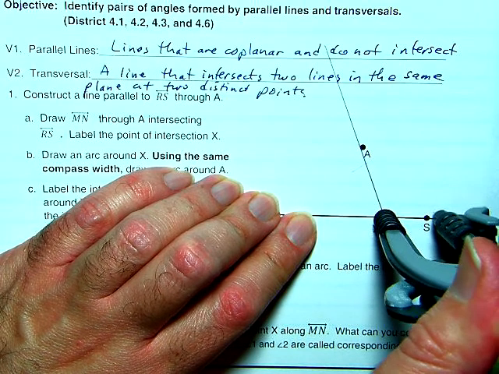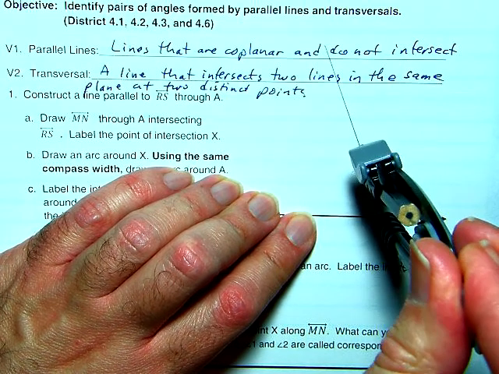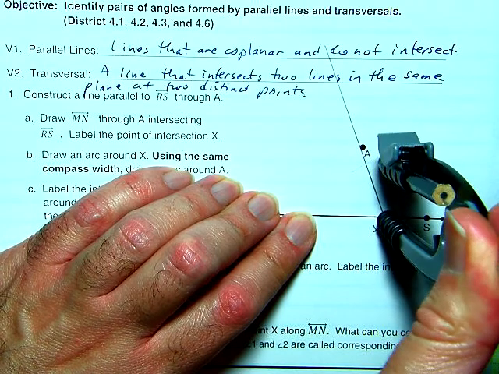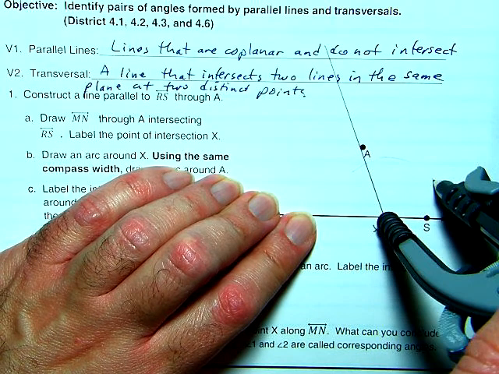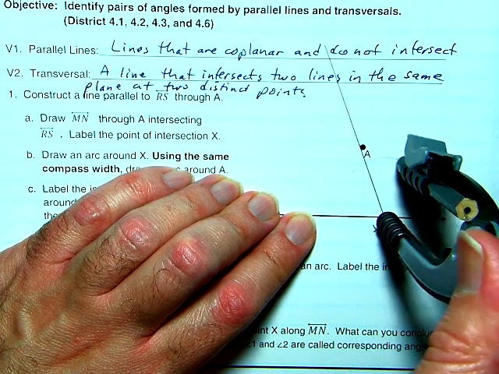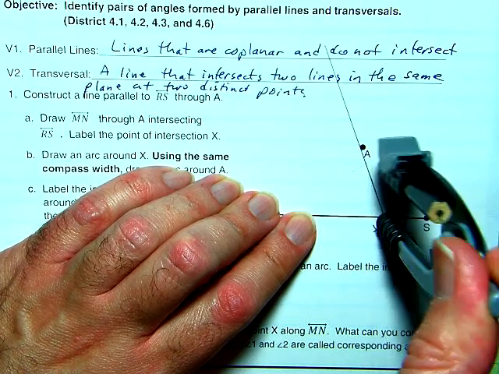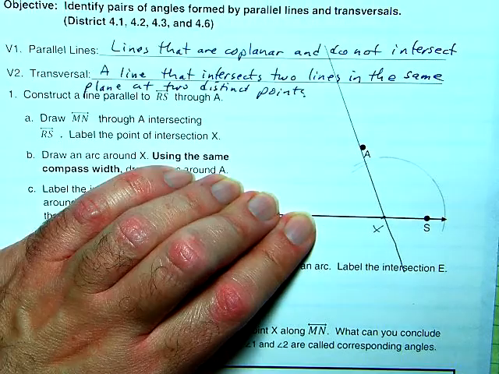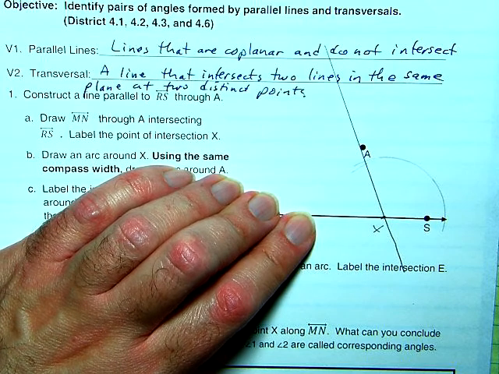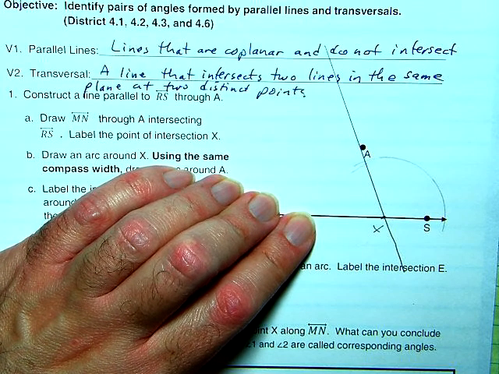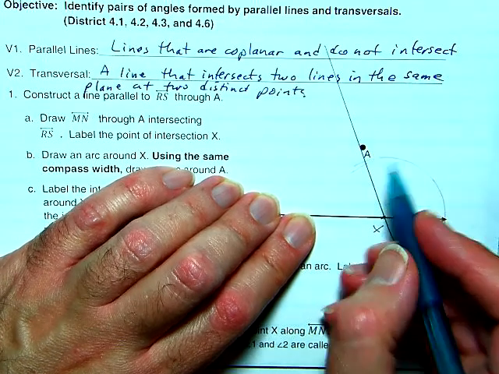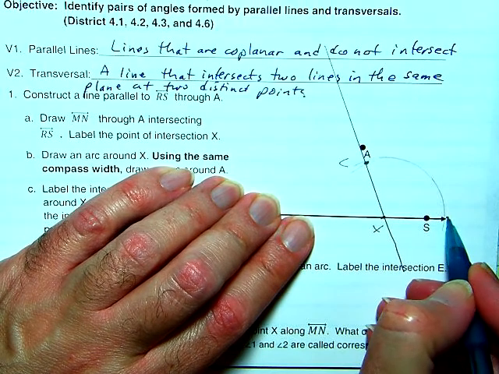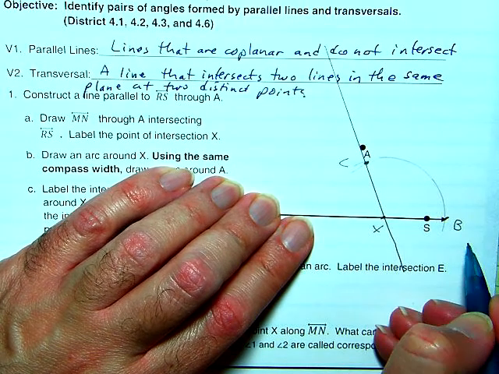You see my compass already moved. This is a really bad compass, but I'm doing my best. Very hard to keep it still. Okay, so I've gotten myself a pretty good arc, and it's intersecting this line here at point C, and this line here at point B.